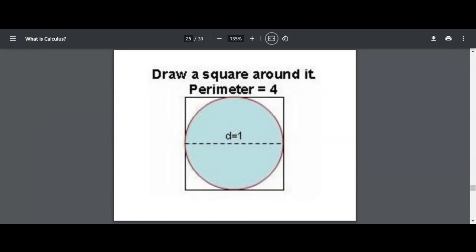Next, here we have a square drawn around the circle. Because the diameter of the circle was 1, that means the perimeter of the square is going to be 4.